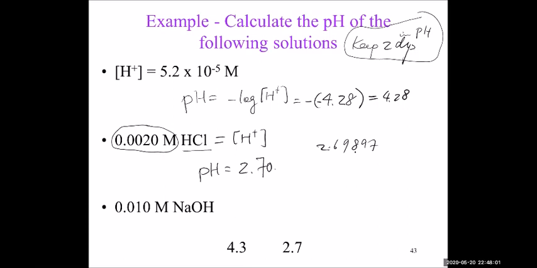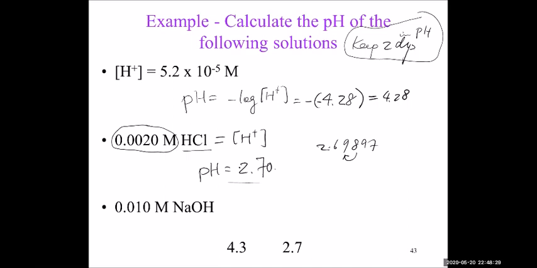This one rounds up, so it becomes 2.70. So that'll be the answer for this solution. You can see this number is much smaller than 7. The reason is that your hydronium concentration is much bigger than 10 to the -7, making it fairly strongly acidic.